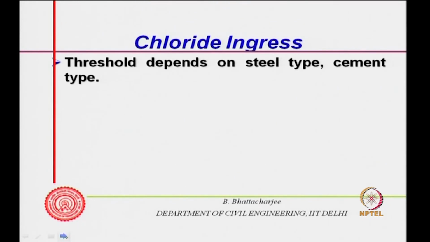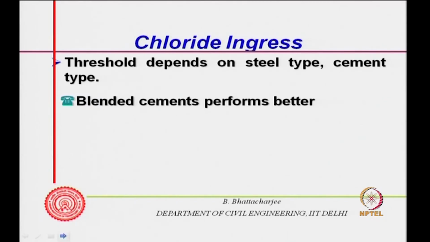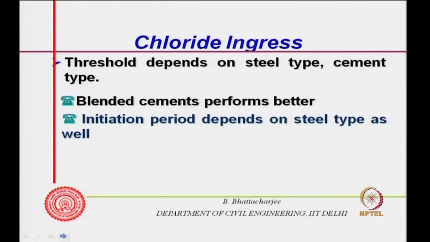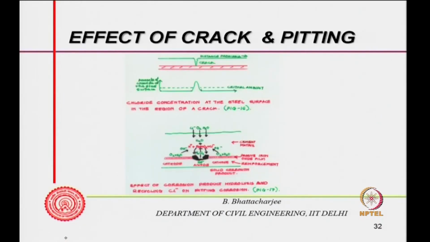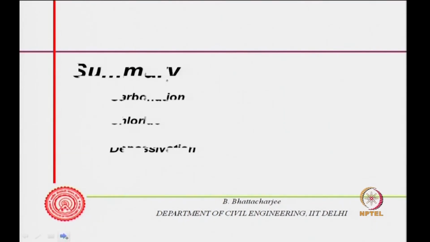Threshold chloride depends on steel, blended cement performs better, and the initiation period depends on steel type. The ratio of acid soluble chloride to water soluble chloride, the gamma value, is something like this. If you have a crack, then chloride can penetrate and cause what is called pitting corrosion, which is shown here. So, with this we can summarize our discussion.